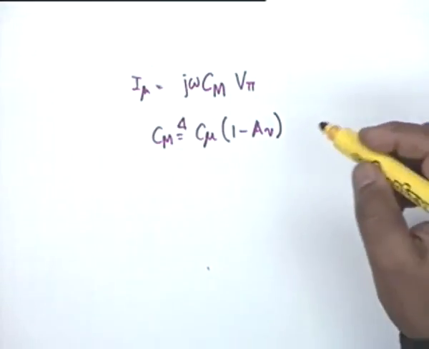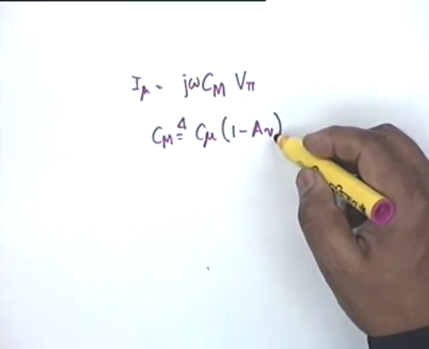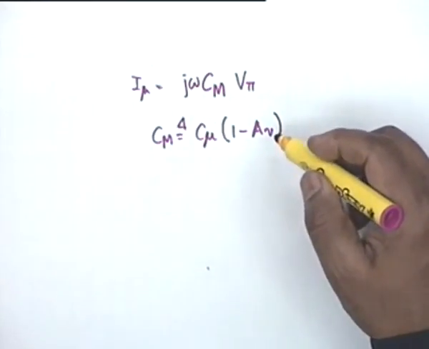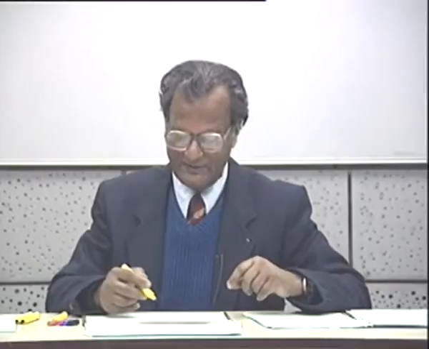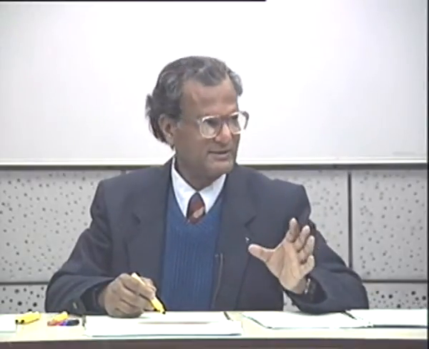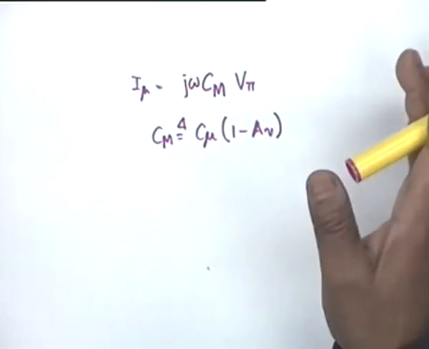The trouble is that A sub V is no longer a constant. It depends on frequency, and A sub V is a complex quantity. It is AV0 divided by 1 plus j omega by omega 2. And therefore Cm is not a pure capacitor. Cm is a complex, hypothetically defined capacitor. Is that clear?